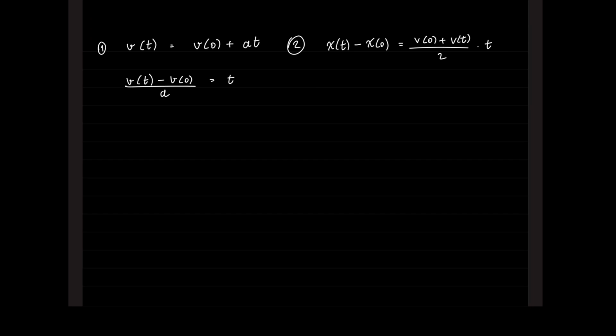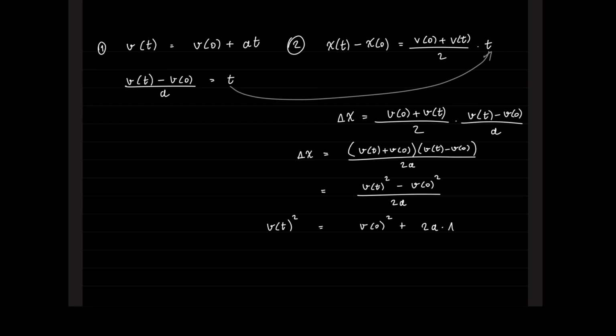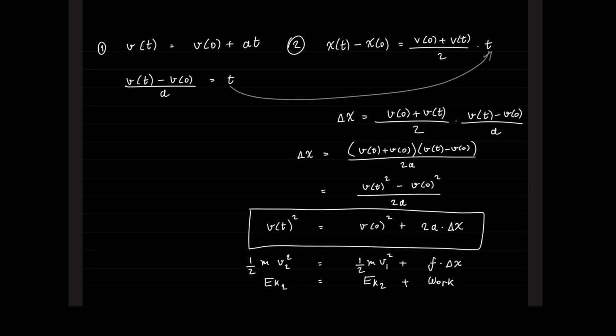Let's substitute this into our second equation. And this is our fourth equation. You might notice that it is quite similar to the conservation of energy equation. That's another great way to remember it.